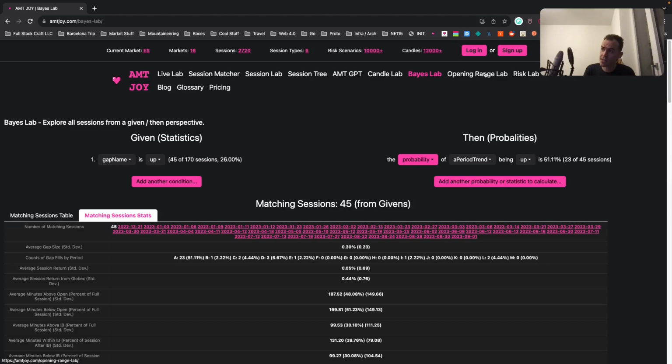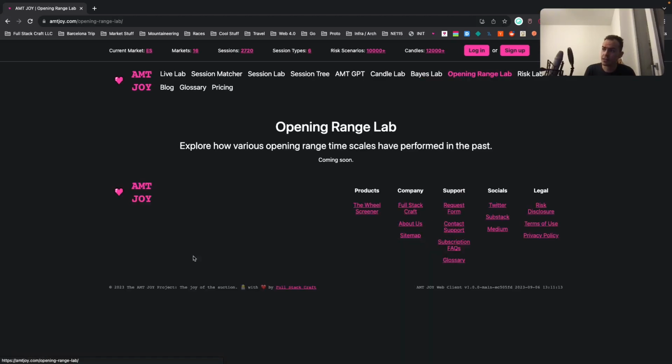So the opening range lab, that's still in progress. It'll be a lot like the Candle Lab. So we're going to take all of the opening ranges across different opening range timeframes, whether the 1 minute, the 2 minute, the 3 minute, or even the 30-minute opening range, and we'll show you over time, let's say past 1 day, past 5 days, past 20 days, has a certain opening range strategy worked better than others?